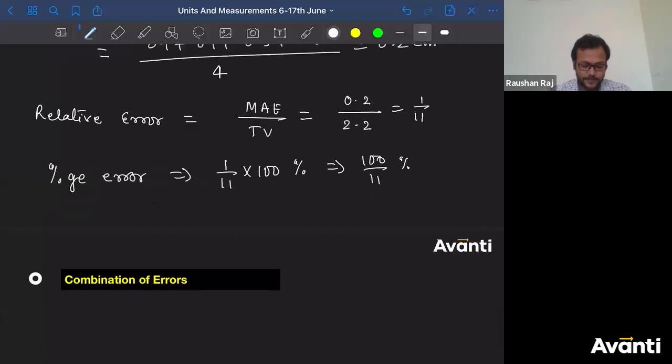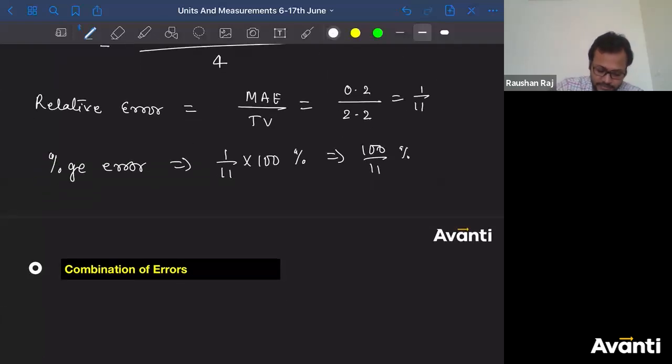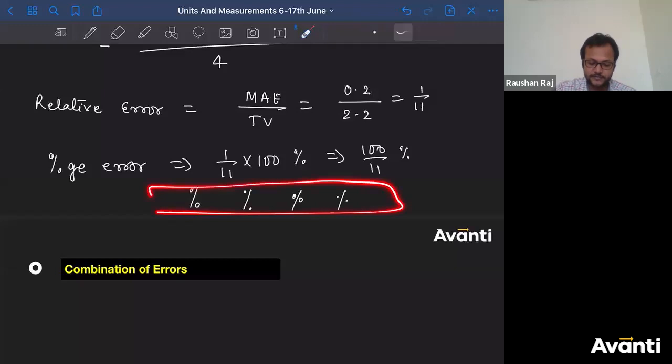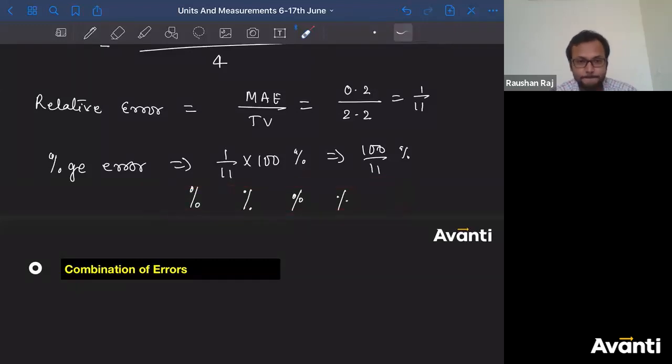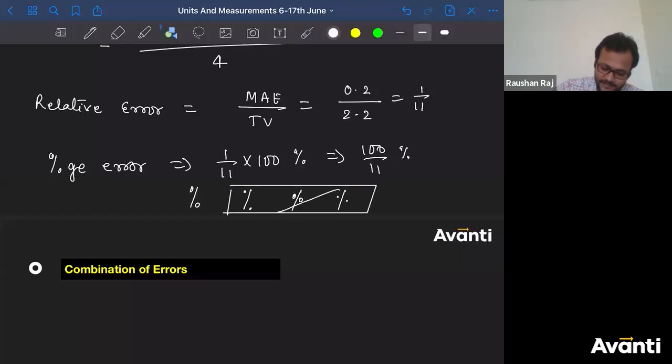One thing: to represent percentage, which is the correct representation? Out of these four representations, which is the correct one? Yes, the first one is correct. All the others are wrong. The correct presentation is this one.